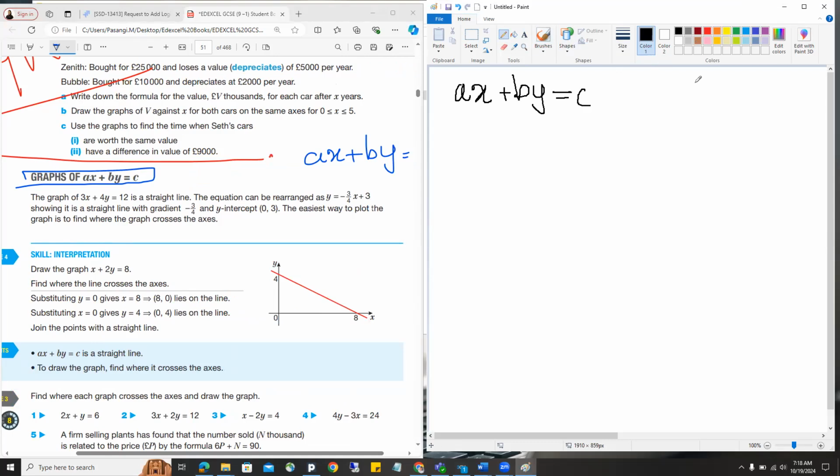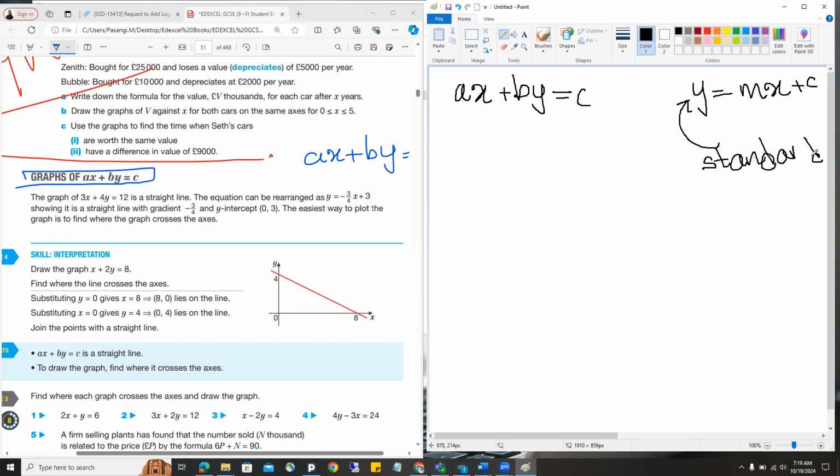But what we know so far, the equation for a straight line is y is equals to mx plus c. This was the standard form of an equation of a straight line.